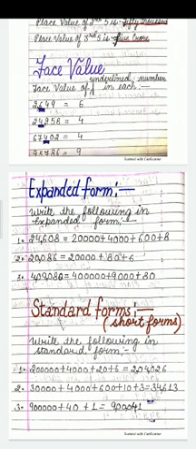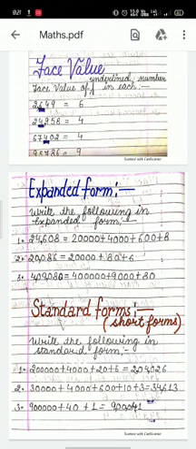So here are some examples given. 2649. The underlined number 6 is written as 6 only. 6 is the number itself. It is the face value of the number which is underlined. Next is 24,958. The underlined number is 4 and 4 is written like that only.